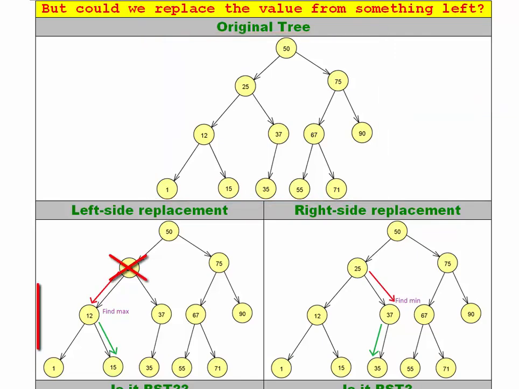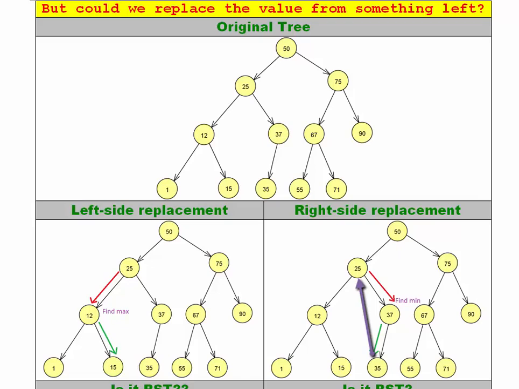It's going to look at the left side and find the maximum value and then move that 15 into the 25 spot. Whereas the right side, the one I just described, is going to go through the right subtree and ask you to find the minimum most value, which is going to be all the way on the left-hand side.